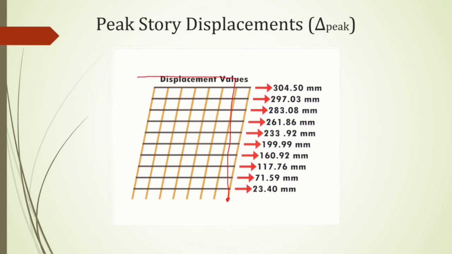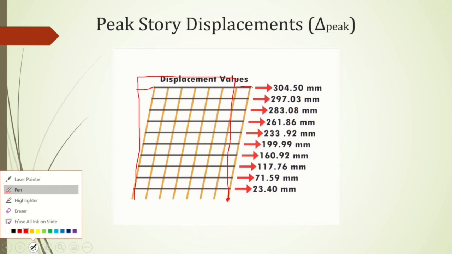Kung ito po yung building, kung ano po yung value dito, about 23.4 mm, ganun din po yung value dito. Hindi po siya mag-iiba. Dito, yung paggalaw dito, 304.5 din po yung value dito. So, ganun po yung sa peak story displacement.